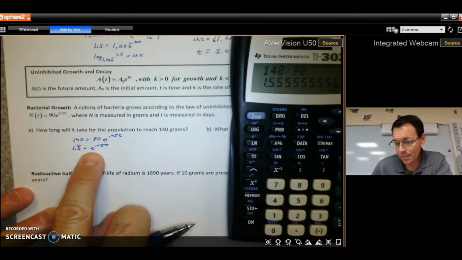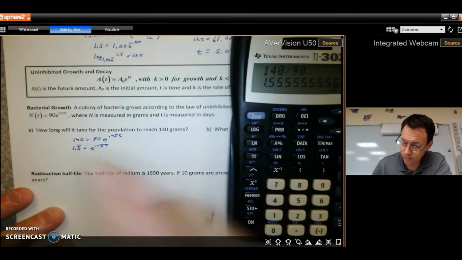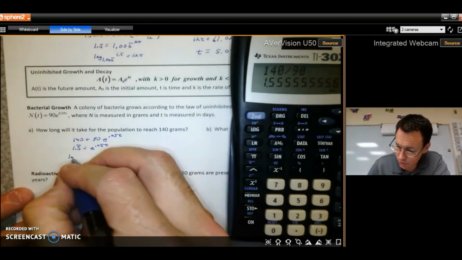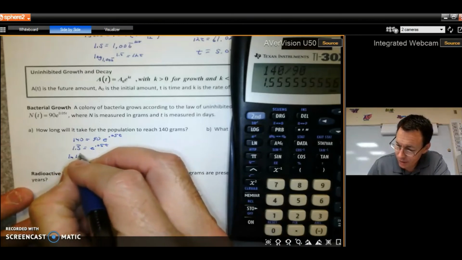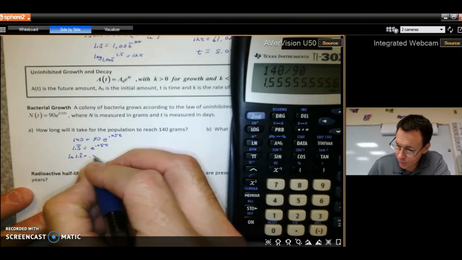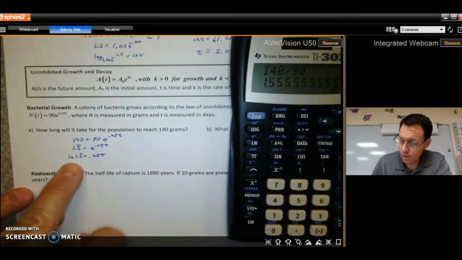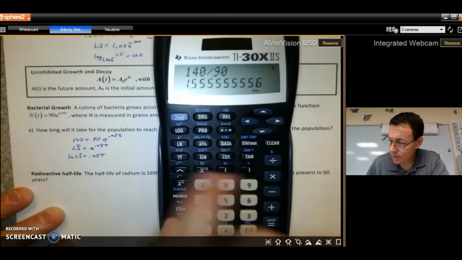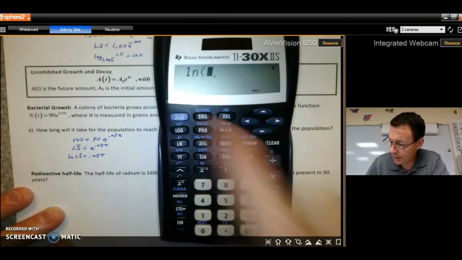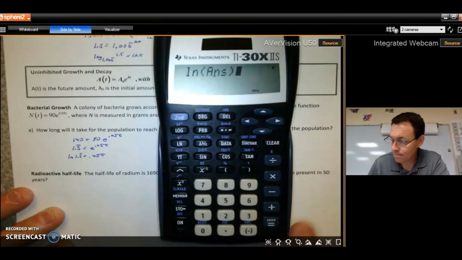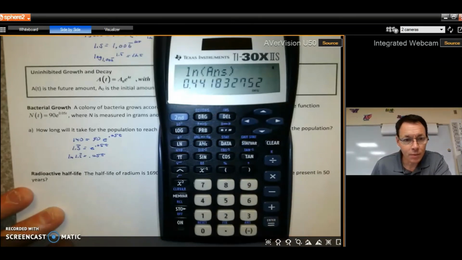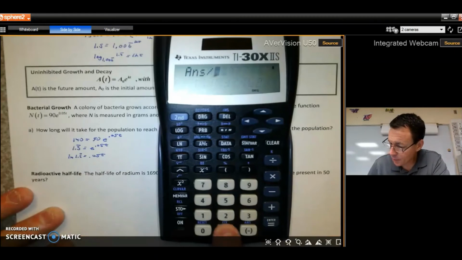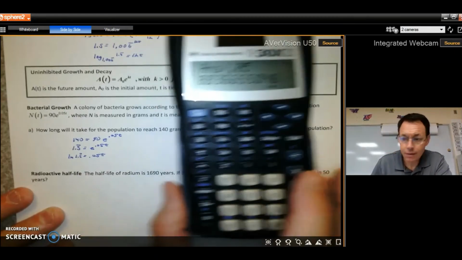This is an e, a natural number, so we're going to take the natural log of the other side. The natural log of 1.5 repeating equals 0.05t. I've got two steps. I'm going to do the natural log of this in my calculator, then hit the answer button, and then divide by 0.05, and that's our answer.